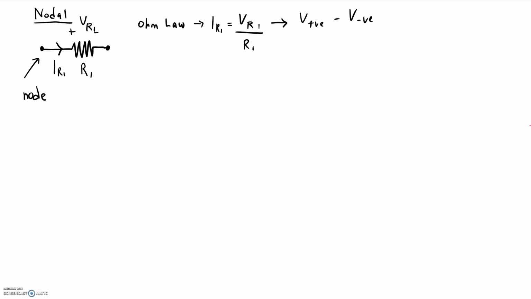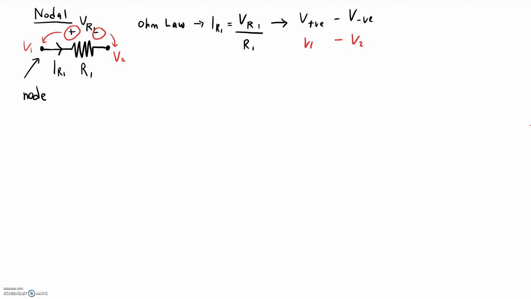For example, if I choose the current to exit from this node, the positive value will be at this side and the negative value at this side. So positive at this node. If I choose this one as V1, here as V2, therefore VR1 is V at positive, which is V1, minus V at negative, which is V2.